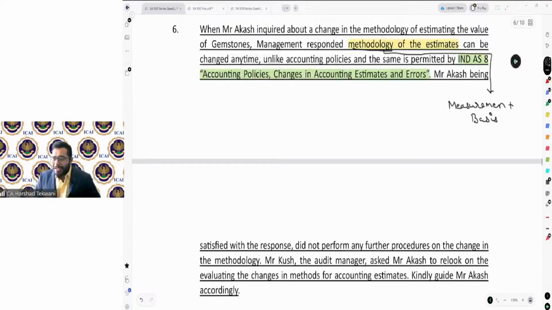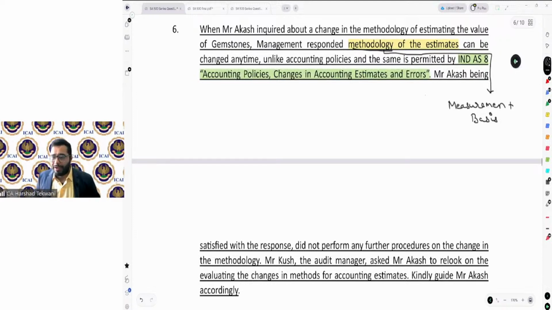Now, whenever you are looking at a change in the measurement basis of an estimate, first of all, you need to look into the requirements of the applicable financial reporting framework.